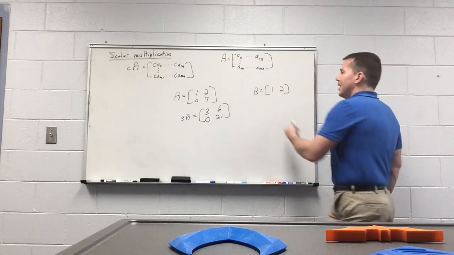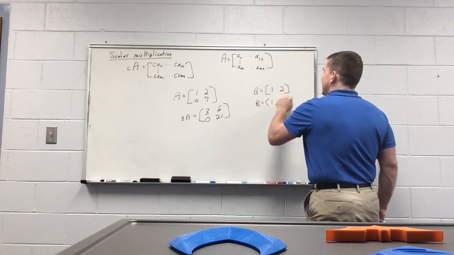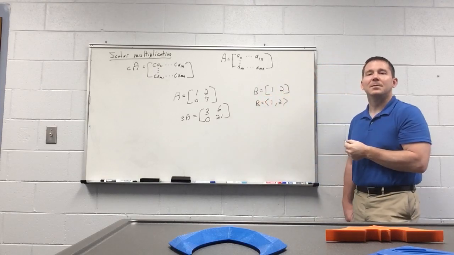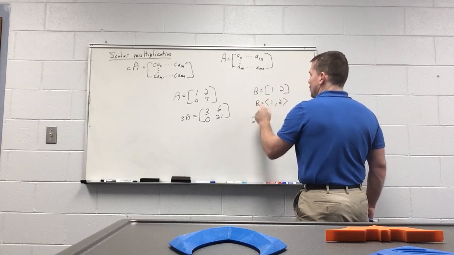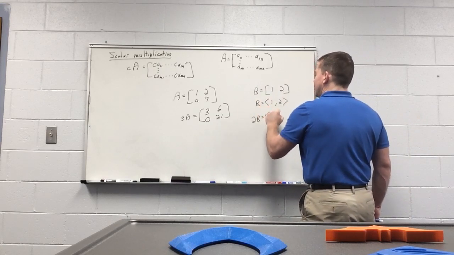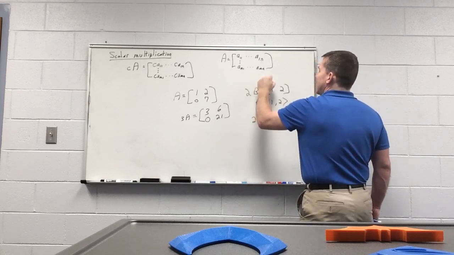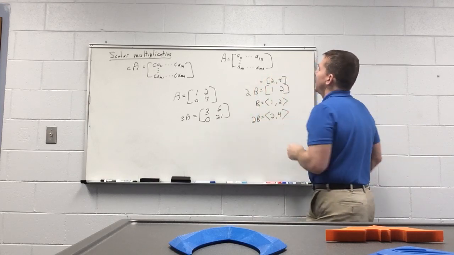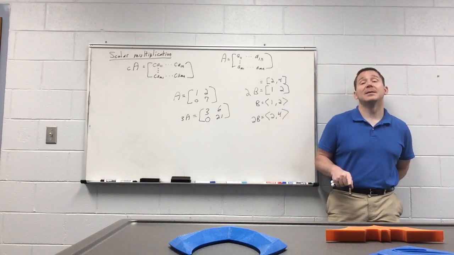That's just a vector. I mean, I'm calling it a matrix, but I could just as easily do this. If I had 2b using the vector, I would get 2, 4. So it's only logical if I have 2b up here, I should get 2, 4, the exact same. Just distribute the 2 in.